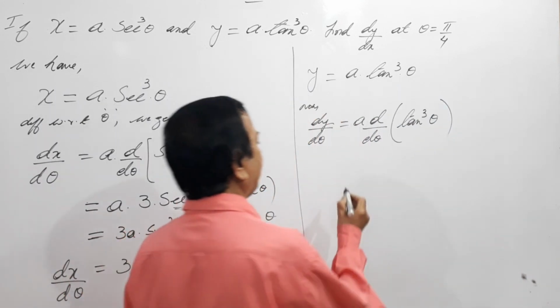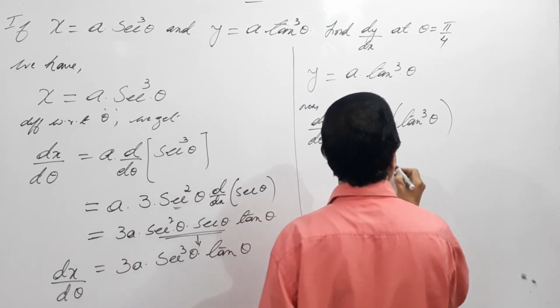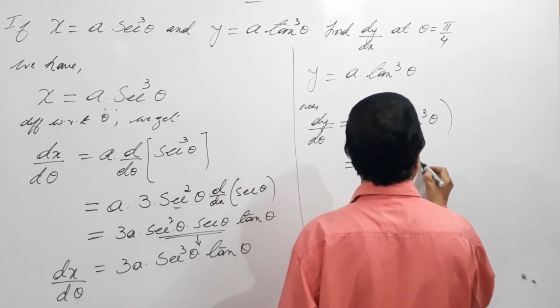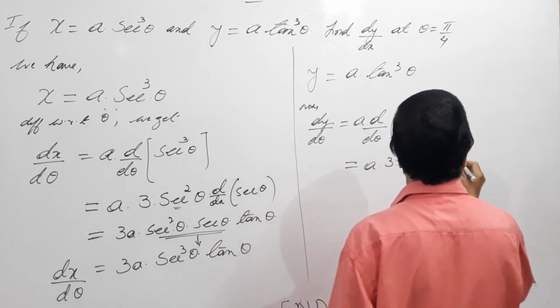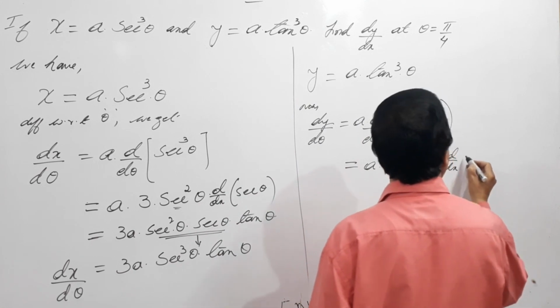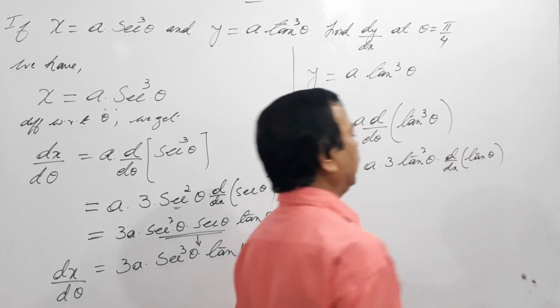So this becomes a into 3 tan square theta into d by d theta of tan theta.